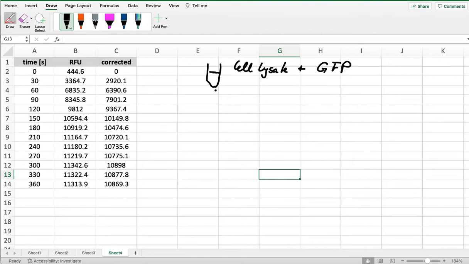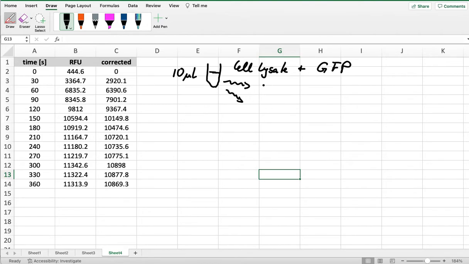And we start this reaction and then measure basically the light emission when this green fluorescent protein is translated in our cell mixture. And let's say we've got perhaps 10 microliter of this mixture.